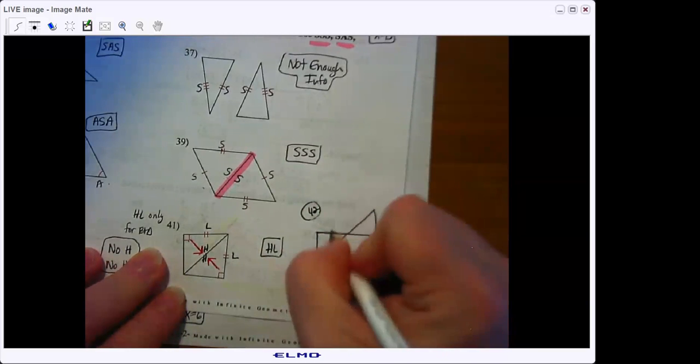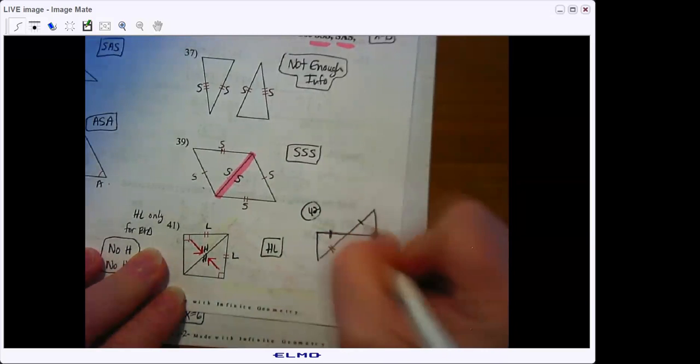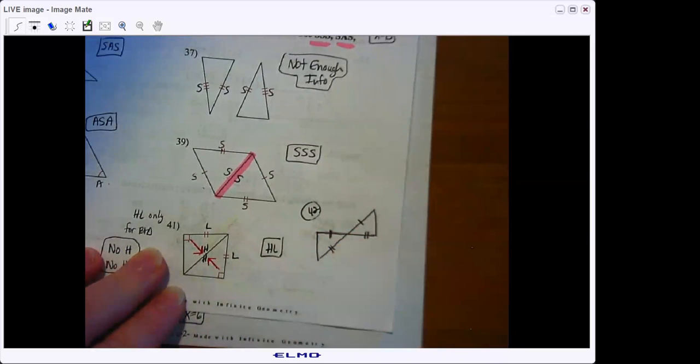I'm going to tell you that these sides are equal and ask what would be the reason for congruency. What would be a reason for congruency? Would it be HL, side, side, side, angle, side, angle, side, angle, side? Good. Some people have it in the chat box. Good.